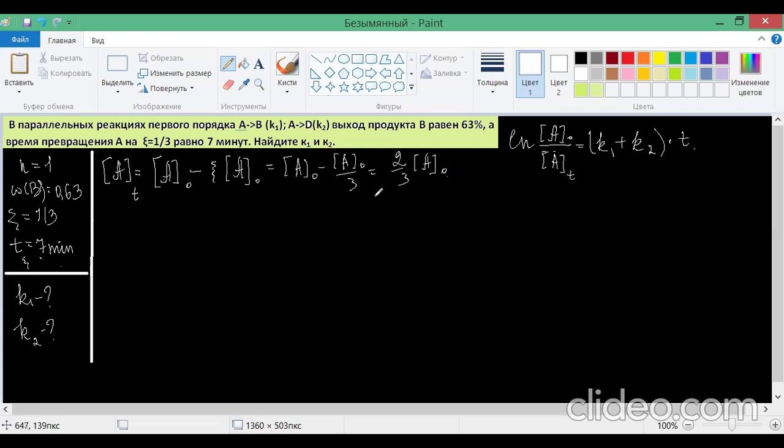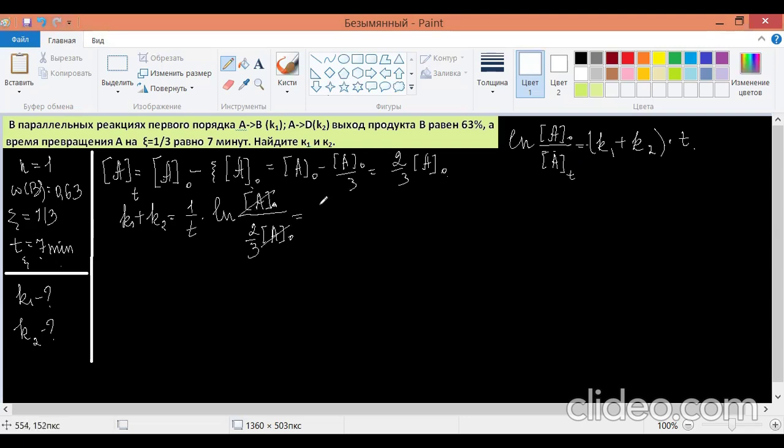We also know that t is equal to 7 minutes. Now we can calculate the sum of the two constants. So K1 plus K2 is equal to 1 divided by T times the natural logarithm of the initial concentration of the reagent A divided by this, and we have just got that it's equal to 2/3 of the initial concentration.